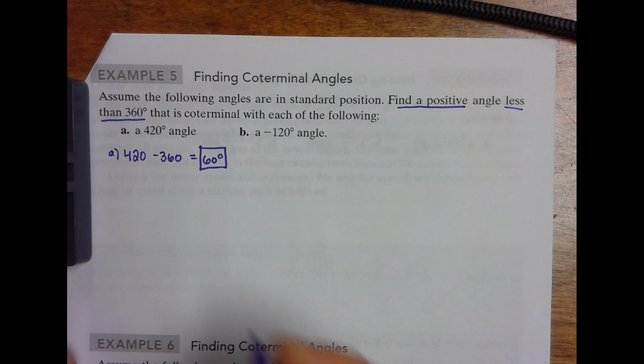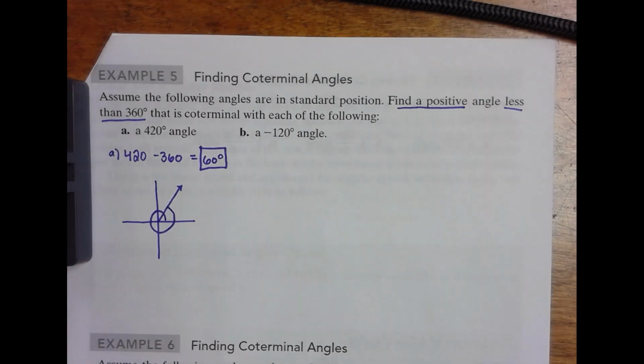If I were to draw this angle at 420 degrees, it'd get us to this position at 60, but when we draw it, both of them have the exact same location, just different rotations to get to that position.